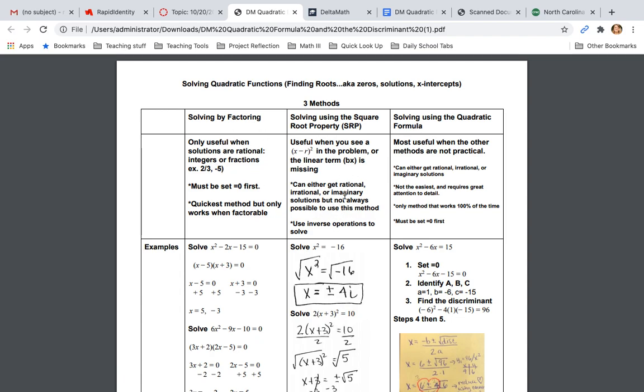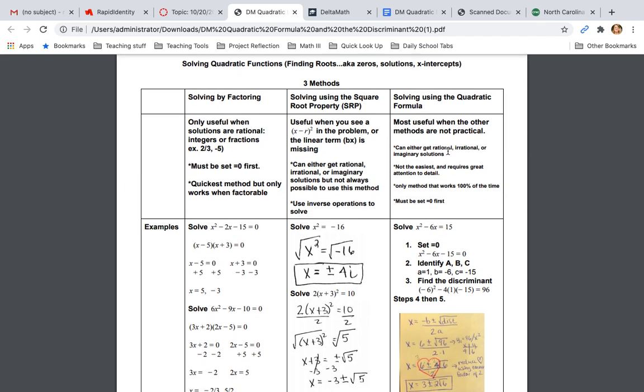With the square root property, technically you could get either rational, irrational, or imaginary solutions, but we can't always use this method. If it was in the form of, like, this right here or this one right here, then square root property does not work. So that's why I wanted to have examples under the method, okay? But again, the quadratic formula does help you to find rational, irrational, or imaginary solutions.